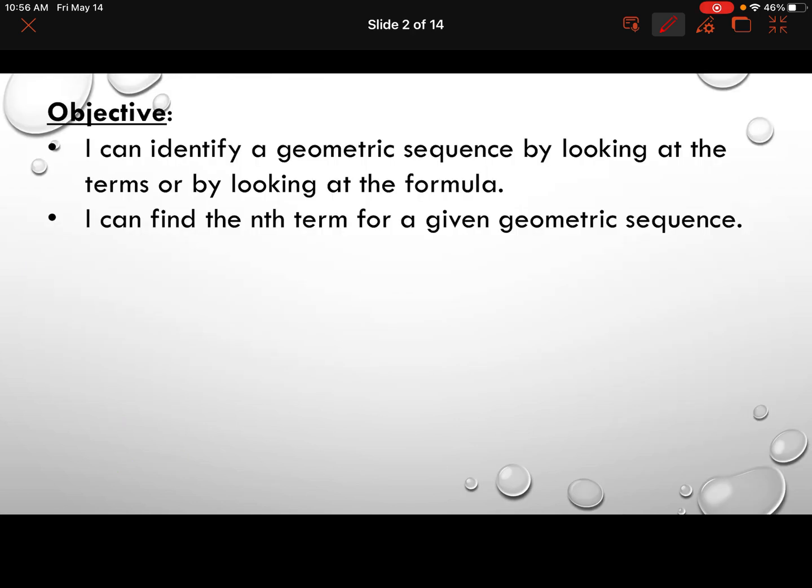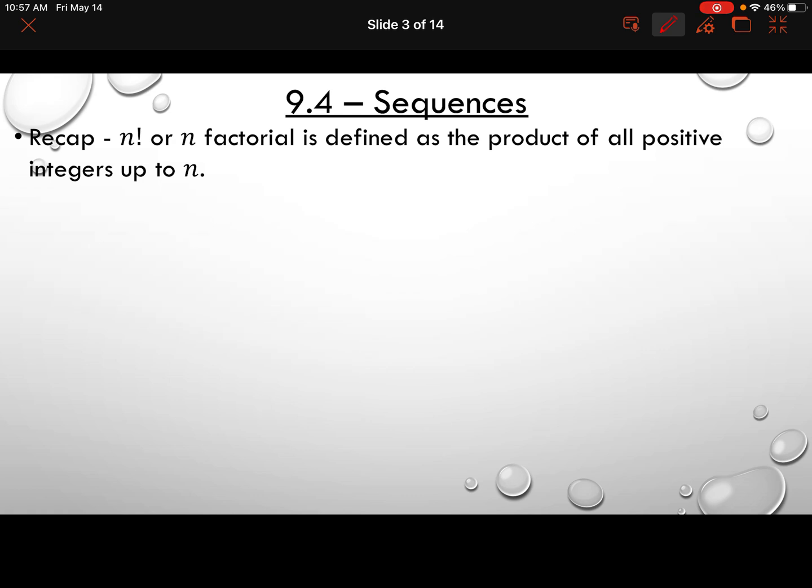All right, so let's get to today's lesson now. Once again, in today's lesson, we will talk about this idea of geometric sequences. We've seen how arithmetic sequences are sequences where the difference between each consecutive term is the same, right? There's a common difference. Now let's look at what geometric sequences are. But before that, just a quick recap of what we talked about in our previous lesson.